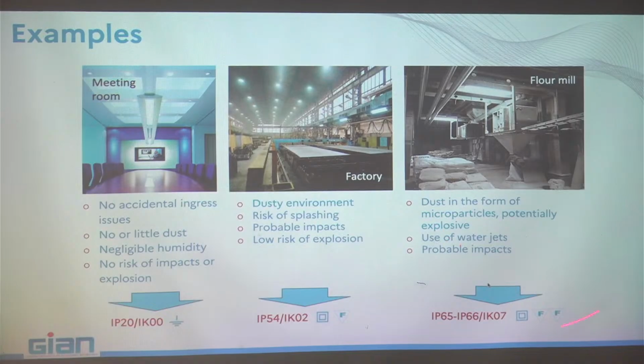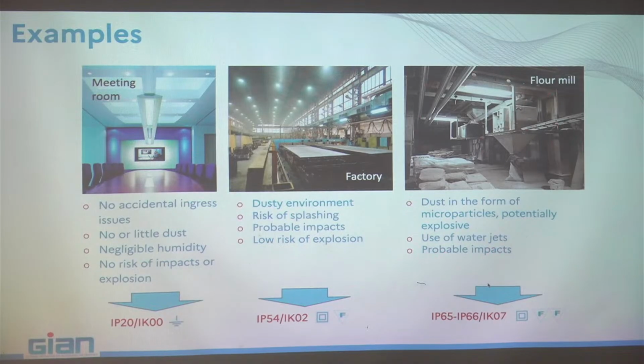And that one is a flour mill. It's also industry. You have dust in the form of microparticles, and the problem is that flour microparticles are explosive and even self-explosive. Here you have to be very, very careful. You can use water jets to clean the machines, and you may have probable impacts.